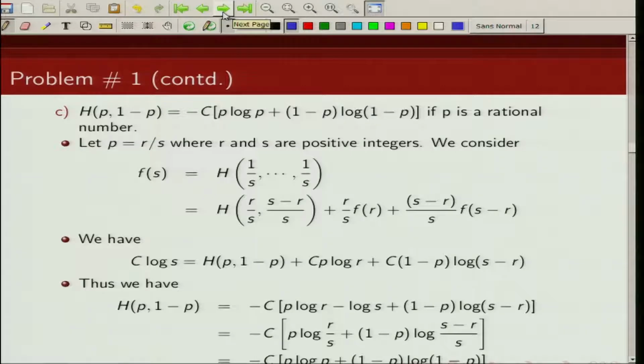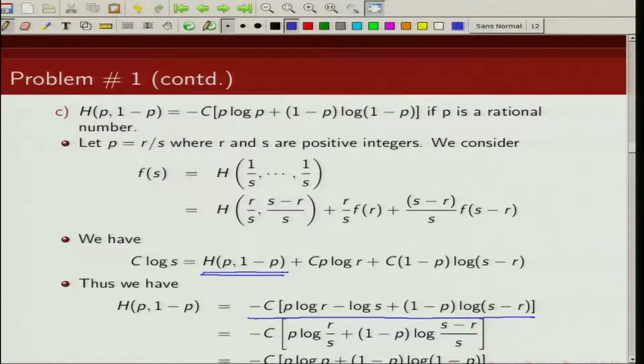Next, from here we can write the entropy of P and 1-P as, if we bring all of them here, something of this form. Okay, and we get terms containing 1-P.